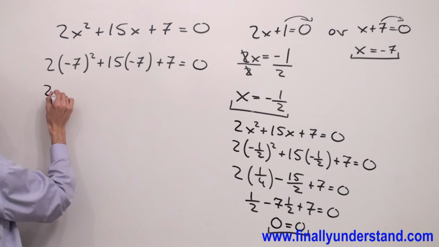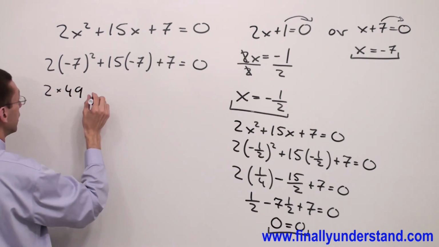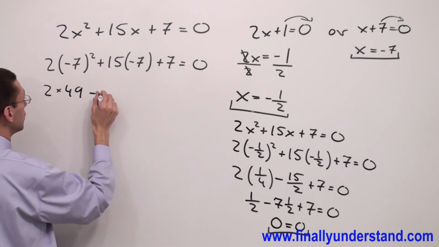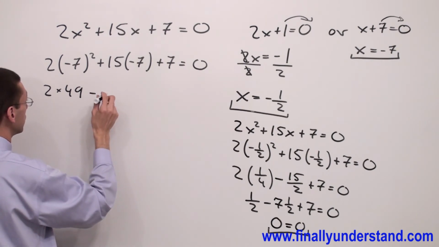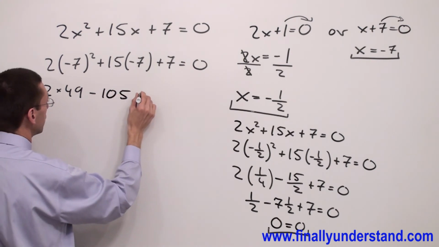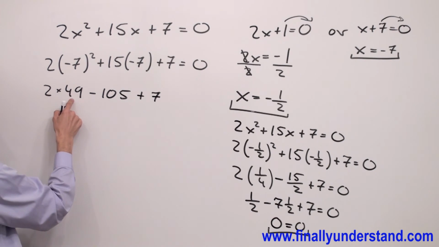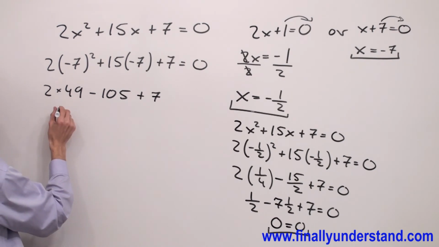I have 2 times 49 minus 15 times 7, which is 105, plus 7. 2 times 49 is equal to 98.